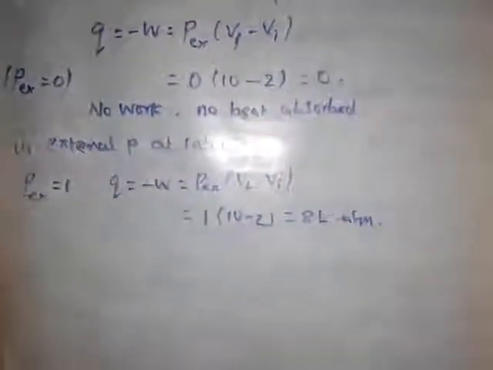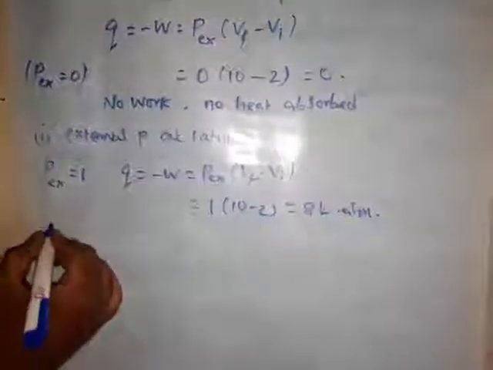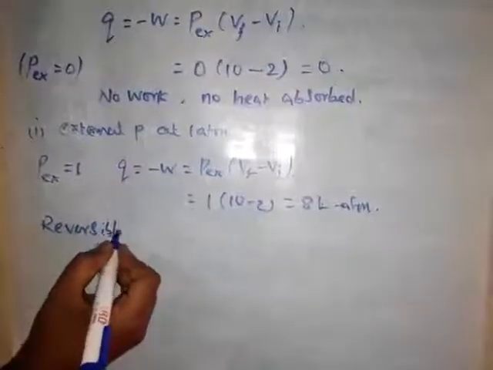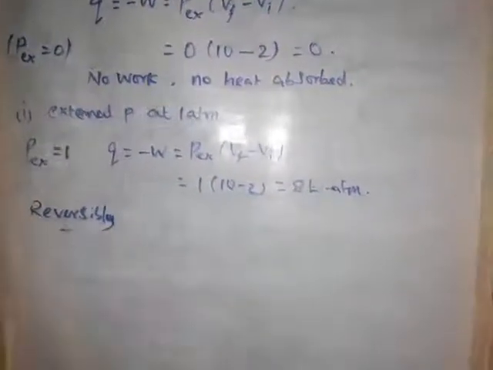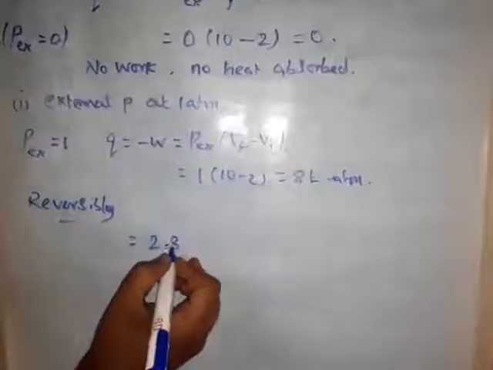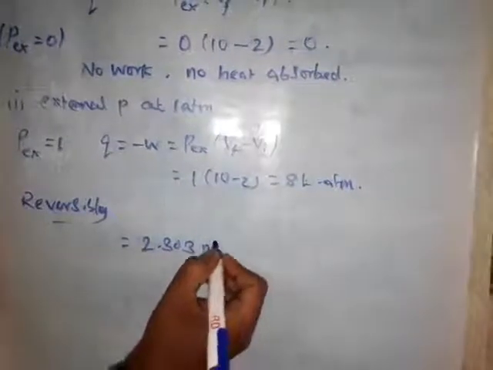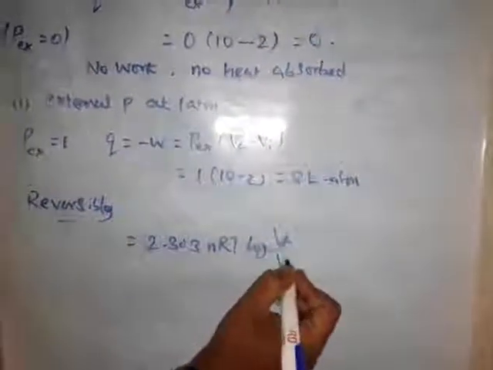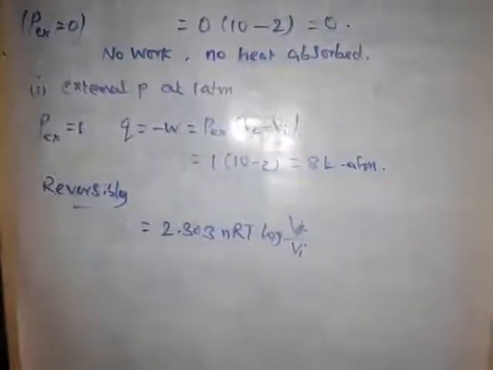Then they again consider the same expansion to a final volume of 10 liters conducted reversibly. So this is the same problem for reversible. Here the reversible formula is what? 2.303 nRT log of Vf by Vi.